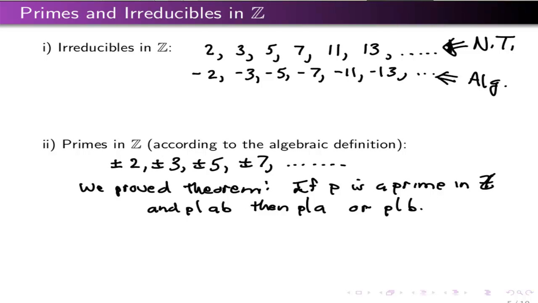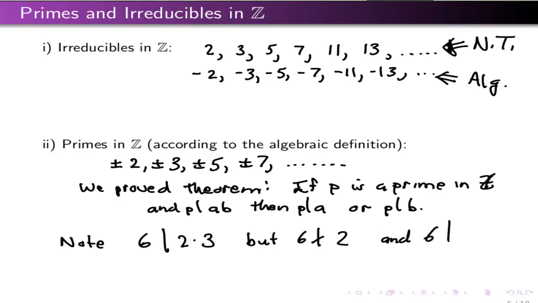And therefore it satisfies the algebraic definition of a prime. Now, why are these the only objects that would be considered primes in the algebraic sense? Well, if you took a composite number like 6, it's a divisor of 2 times 3, but 6 is not a divisor of 2, and 6 is not a divisor of 3, so it would fail to be a prime in the algebraic sense.